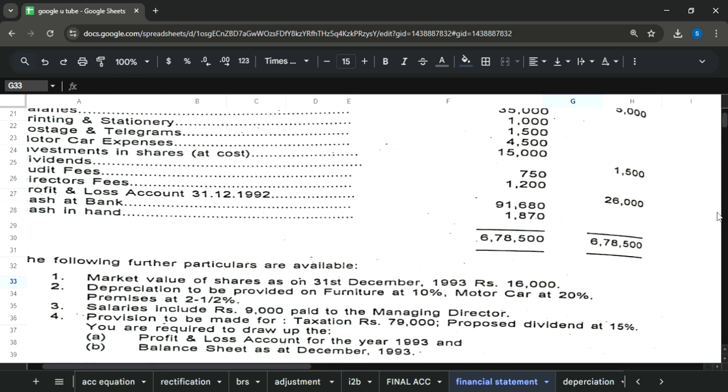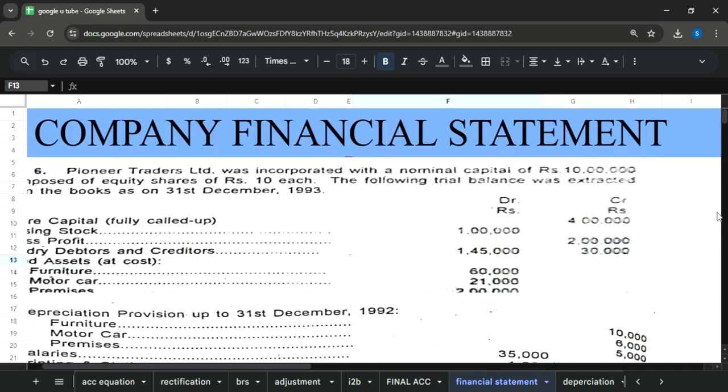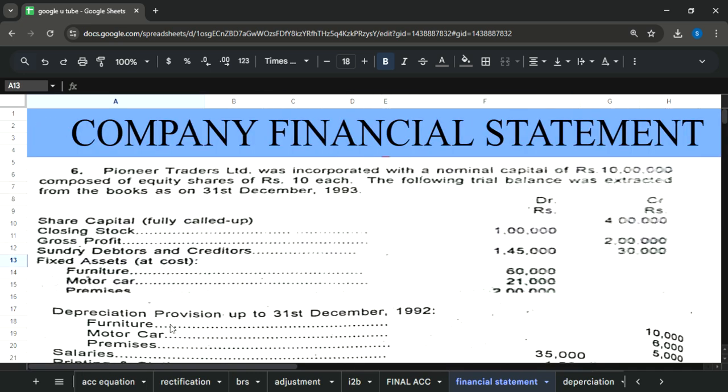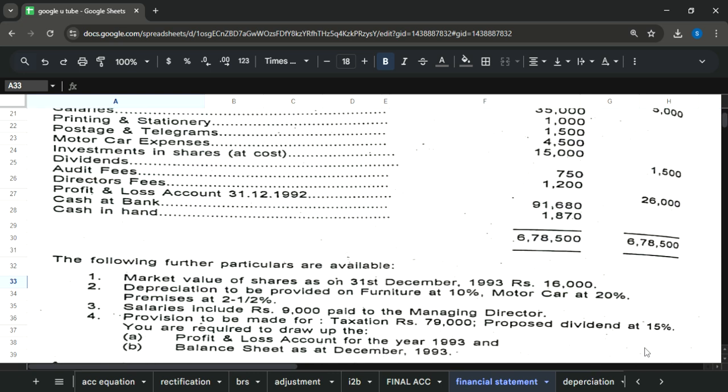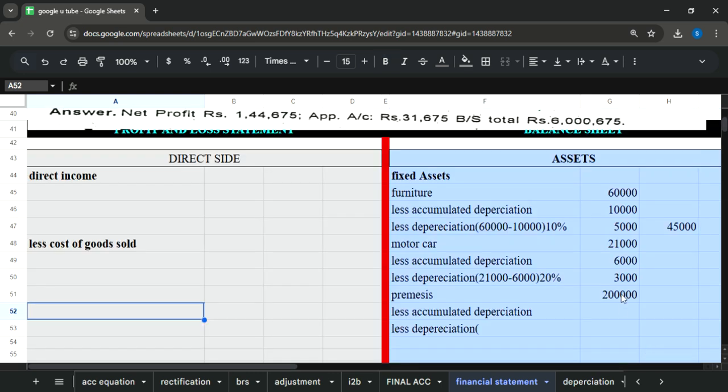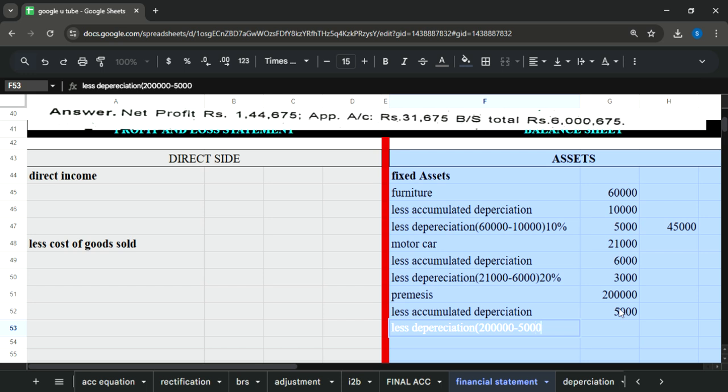Now let's see how much accumulated depreciation is. Here you can see depreciation, premises, and that is 5,000. So just put 5,000 over here. And now we will calculate current depreciation. For that 2 lakh, and you will subtract 5,000. After that 2 and 1 over 2.